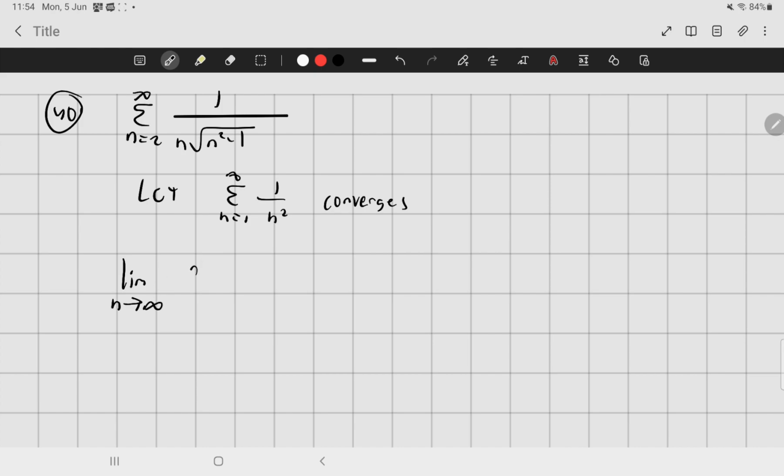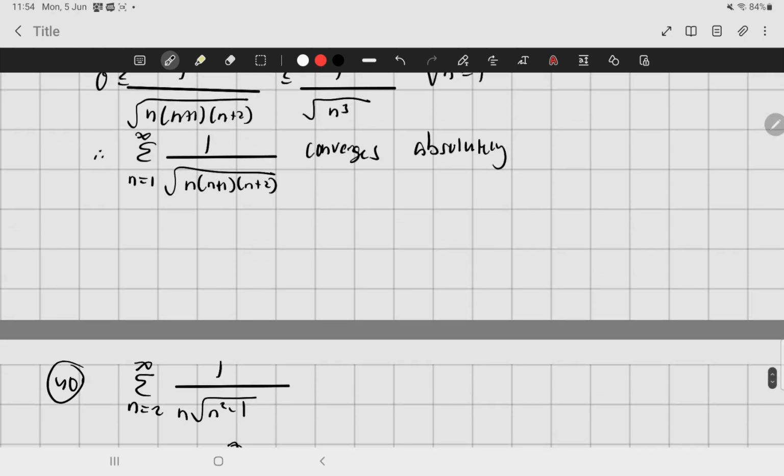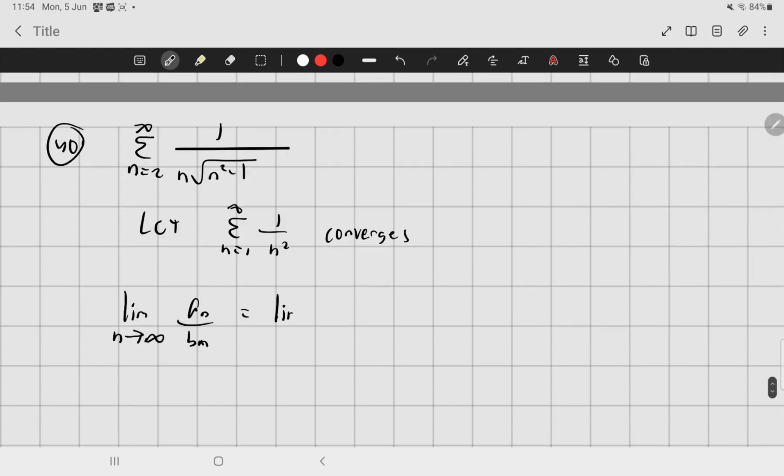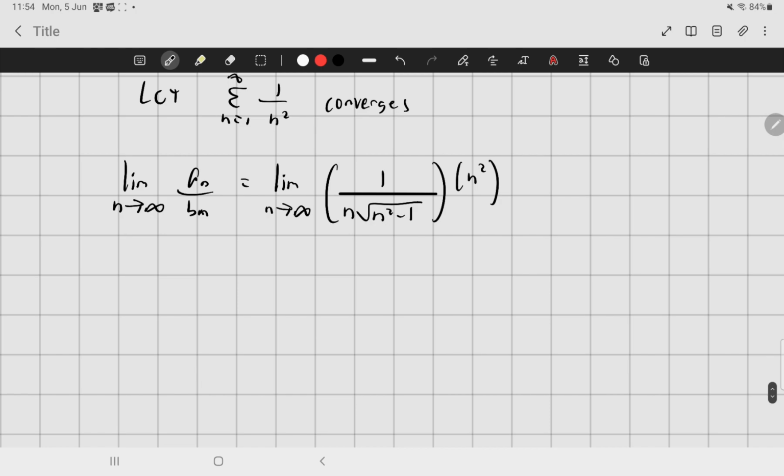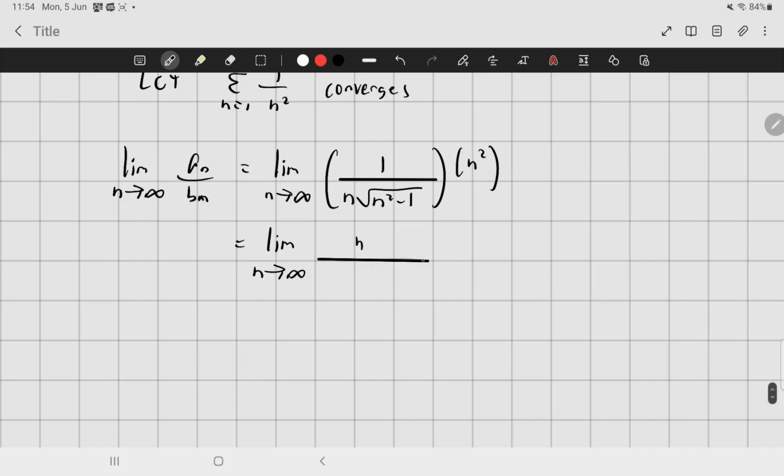It tells us that we have a_n our test series and b_n our known series. So limit as n approaches infinity, where a_n is 1 over n square root of n squared minus 1, and then here will be n squared. And this tells me that n over n squared minus 1.